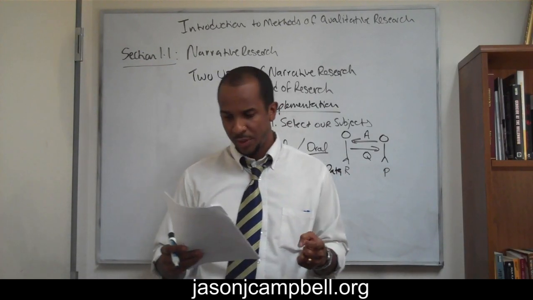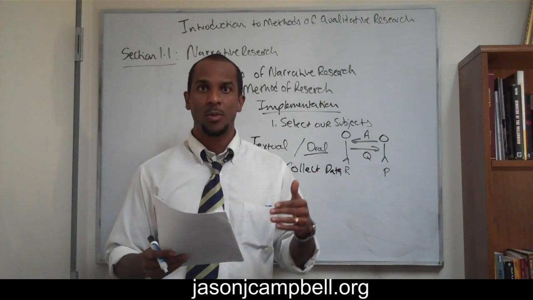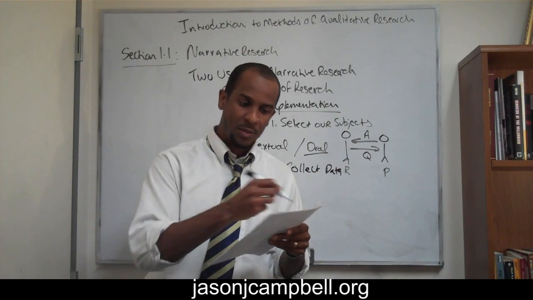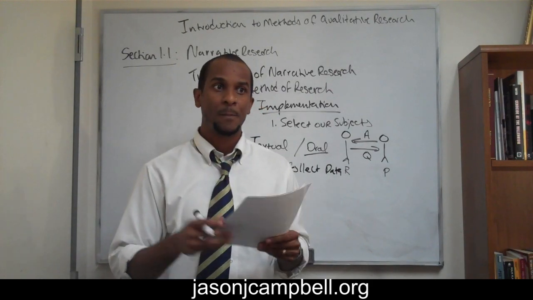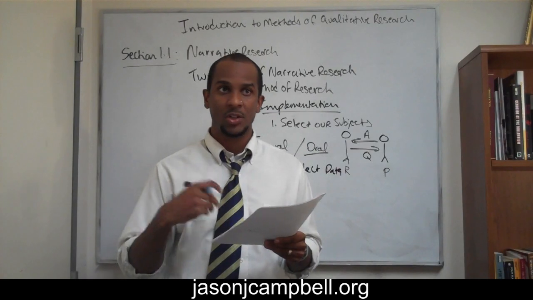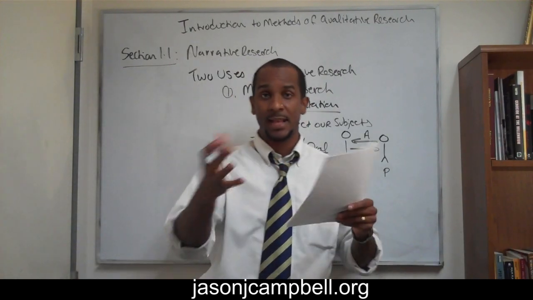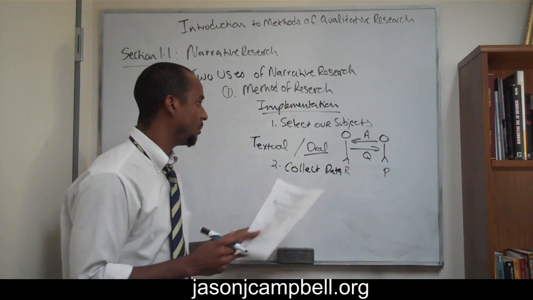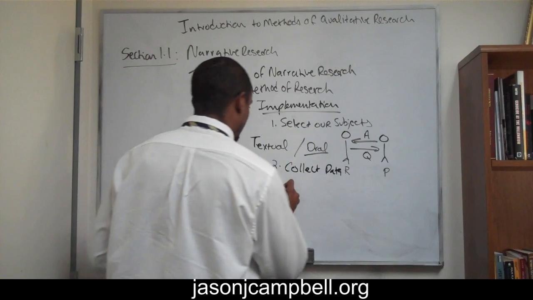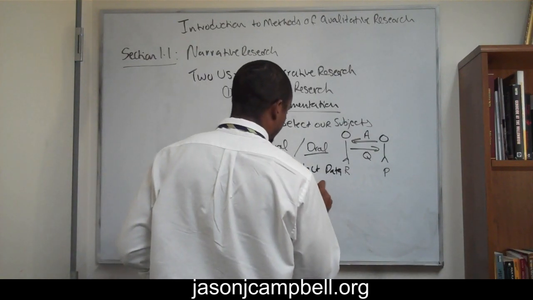Data collection usually takes the form of journaling, documenting what the participant is saying. I used a combination in my dissertation of journaling, but I also recorded the audio and had that audio transcribed, and I'll talk more about that later as well. So you want to make sure that you collect the data. Number 3, you want to report your findings.